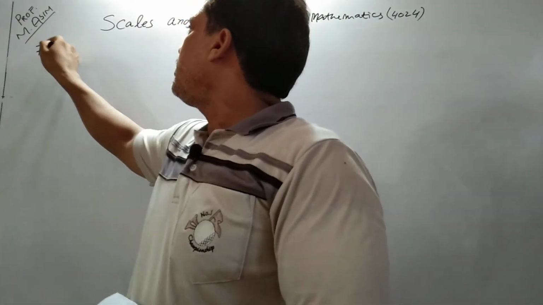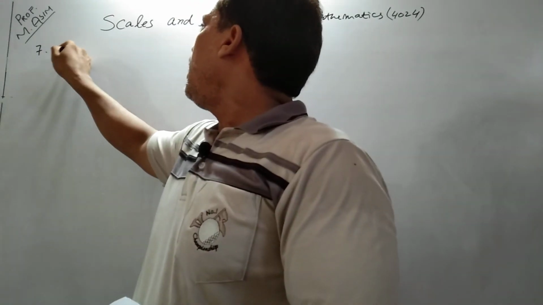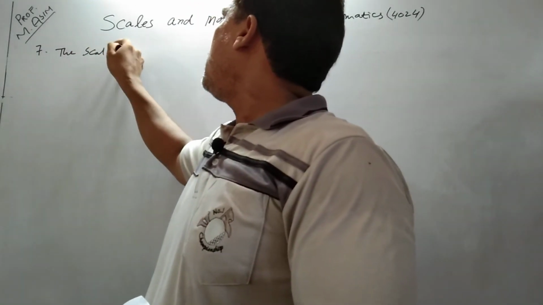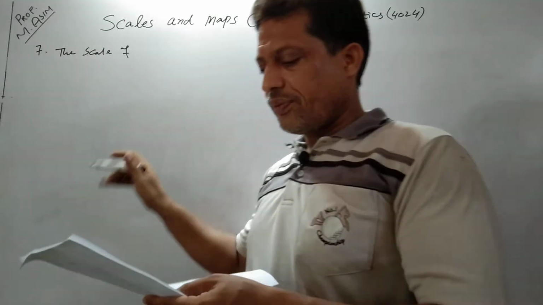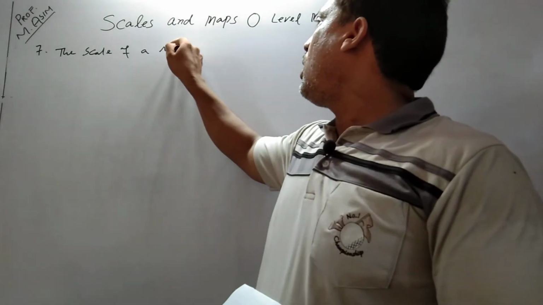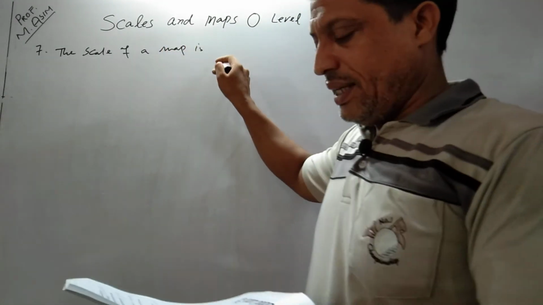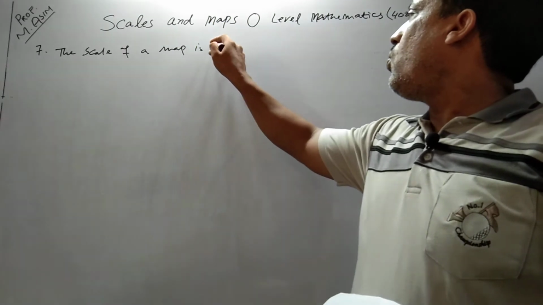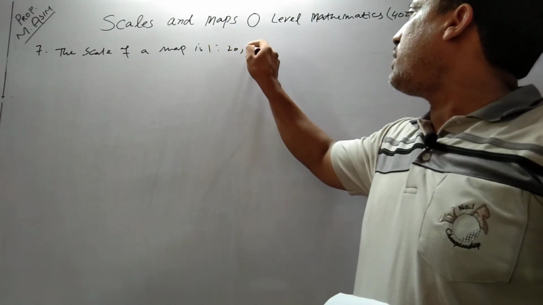Question number 7. The scale of a map is 1:20,000.